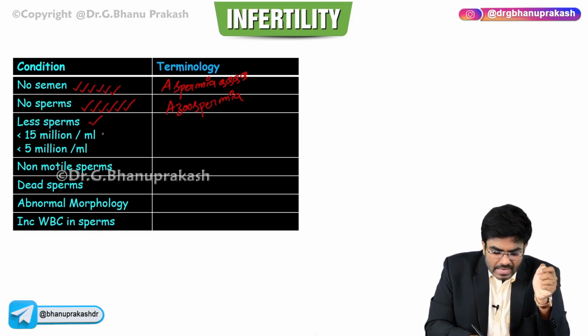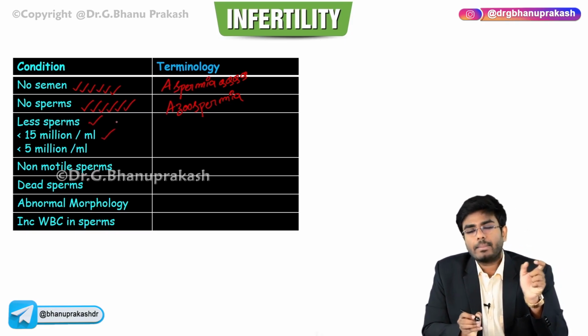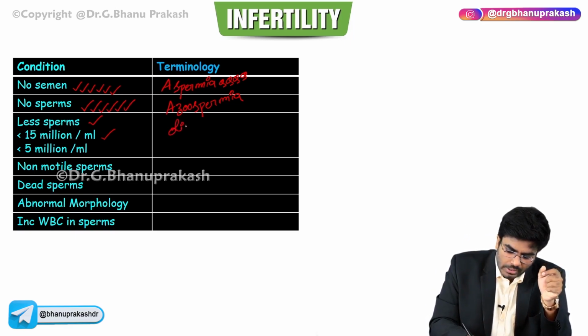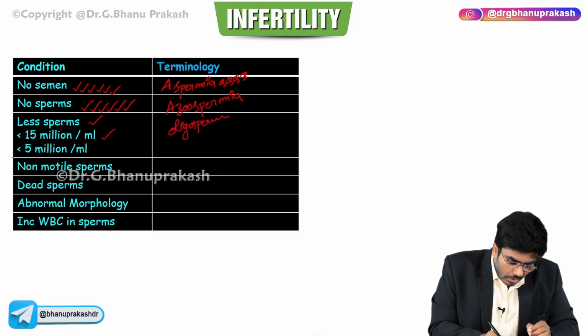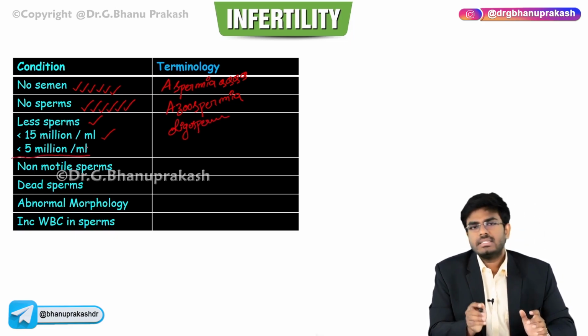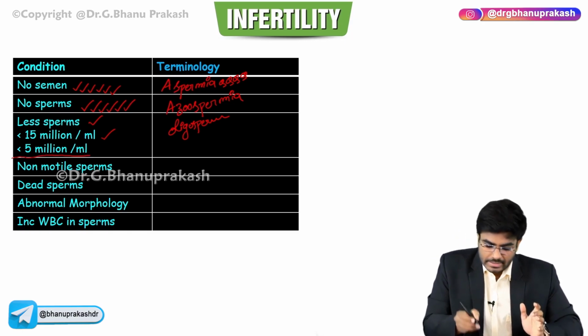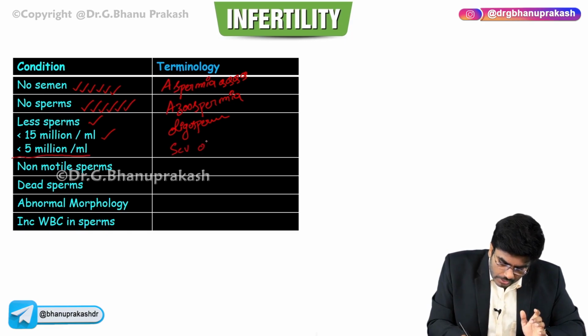If it is less than 15 million per ml, it should be called oligospermia. Now if the sperm count is less than 5 million, which means very few sperms are there, this should be considered as severe oligospermia. Okay, well and good.